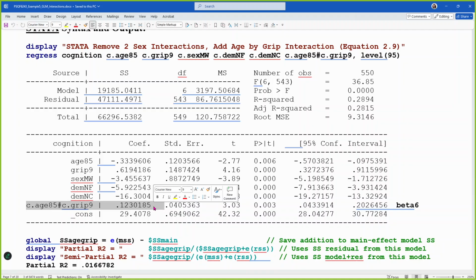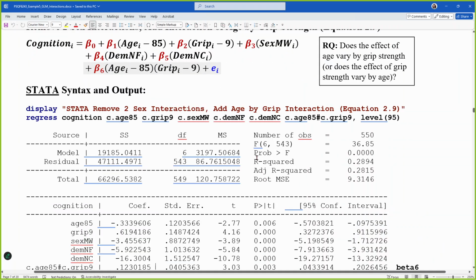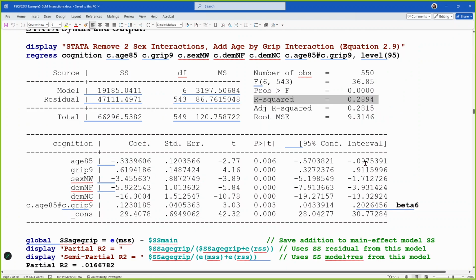In the previous analysis, we added two interaction terms at the same time. That requires a separate hypothesis test of those two slopes to see if their change in R square is significant together. If there's only one, then we know that it is. So I can look at the output for this model, 0.2894, and compare it to the main effects model, and the difference in R square must be significant because this slope is significant.